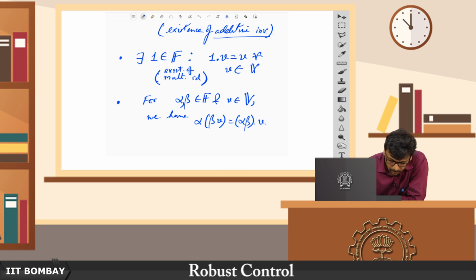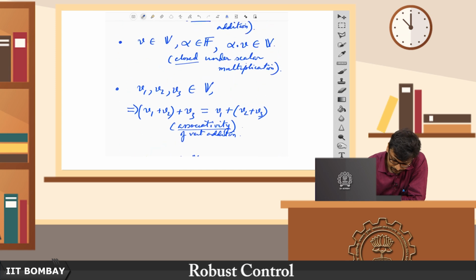So, whether you multiply those two scalars first like you have done here and then take the scalar multiplication. Remember this multiplication here is happening in the field and this multiplication is the scalar multiplication that we have defined for this vector space. On the other hand here, this is basically a first multiplication that is happening like we have defined here.